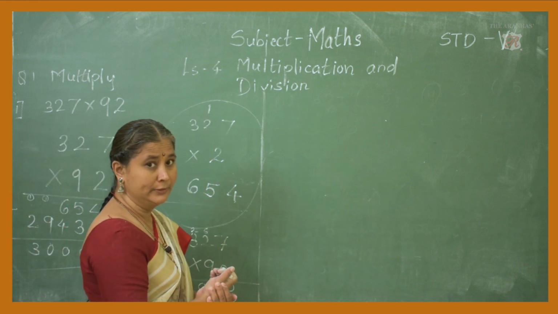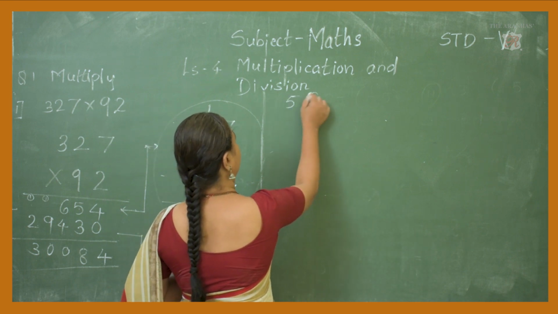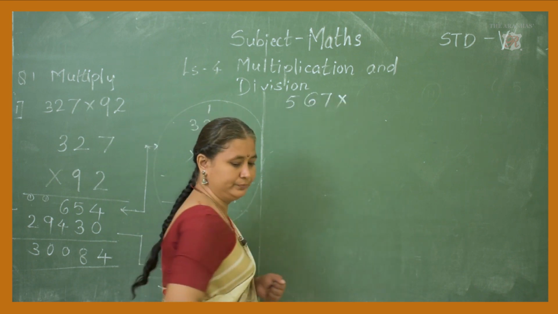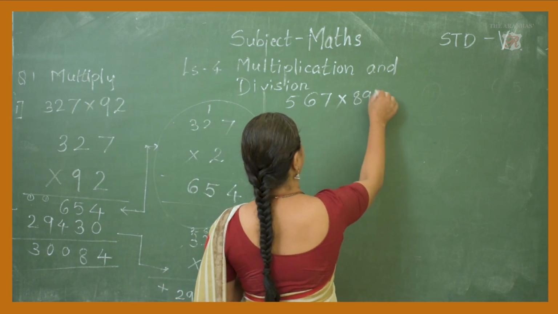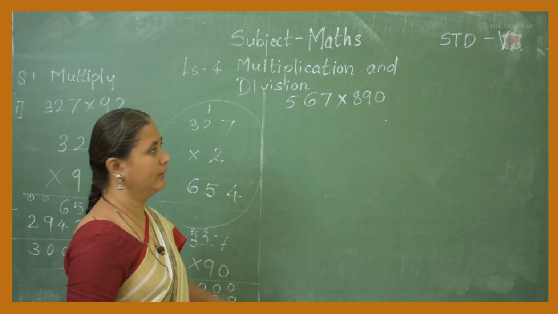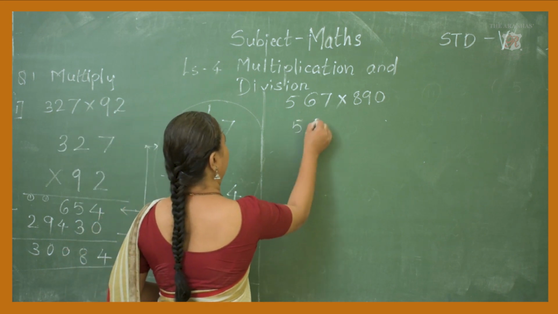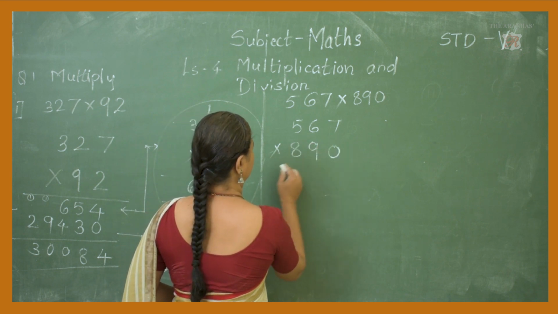3-digit by 3-digit. 567 into 809. Okay. First write the numbers in vertical way. 567 into 809.